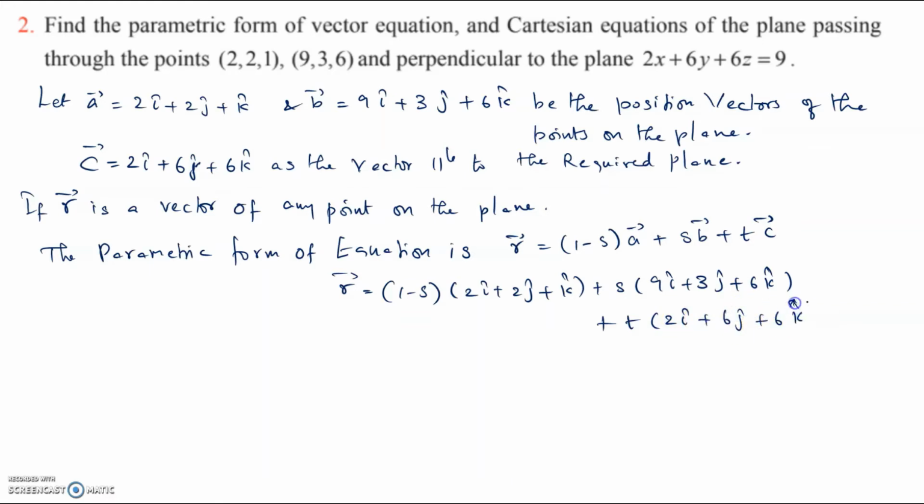That's our parametric form, where s, t belong to R.